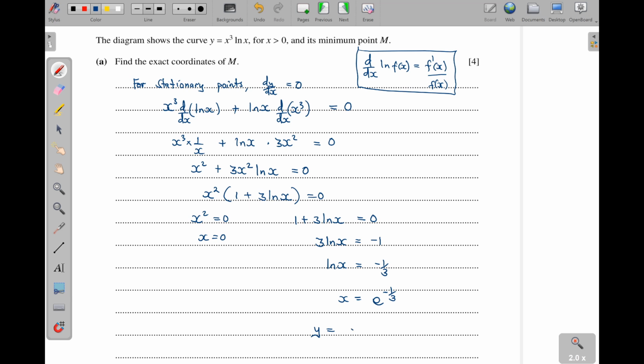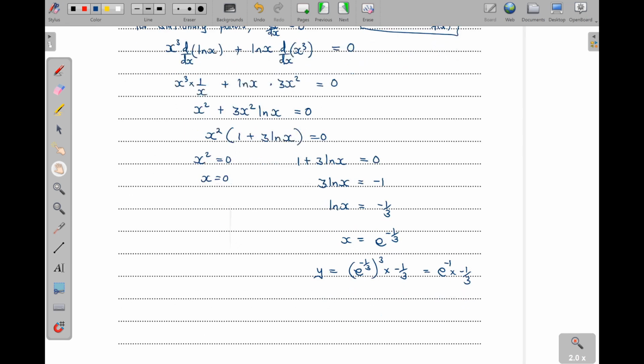So we have e to the power negative a third, then we cube it, then natural log of x. Already natural log of x is this one here, so I would just say times negative a third. Now, of course, this one will give us e to the power of negative 1, then times this negative a third.